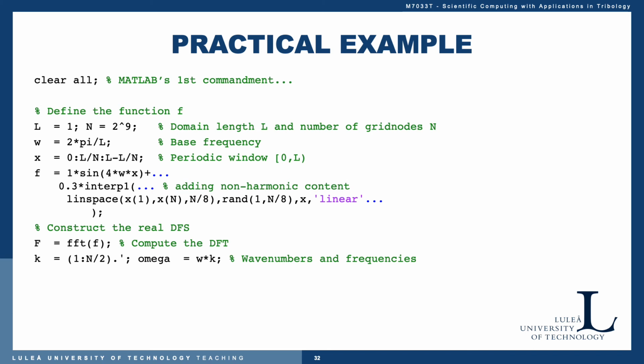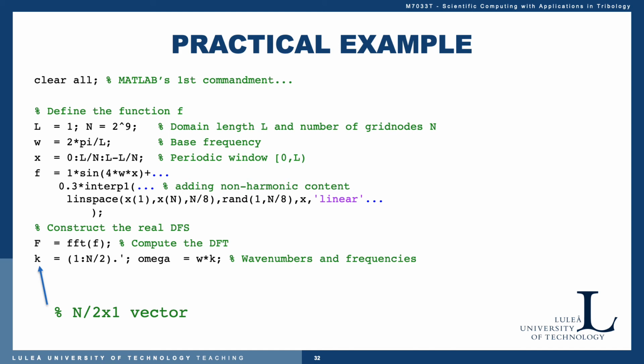So next step is to construct the frequencies by means of the discrete wave numbers, and this may be done like this. Now you have to remember that k here is just the positive part of the frequencies of the frequency response.